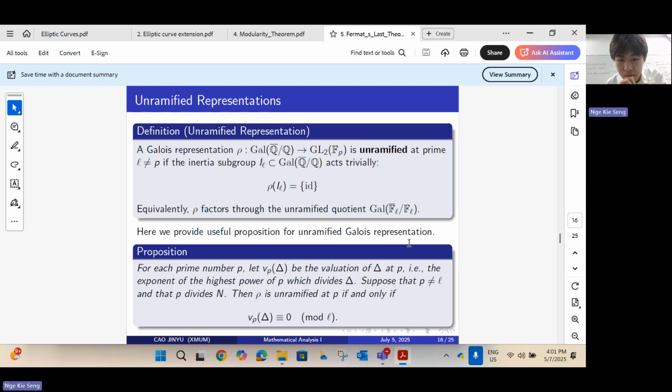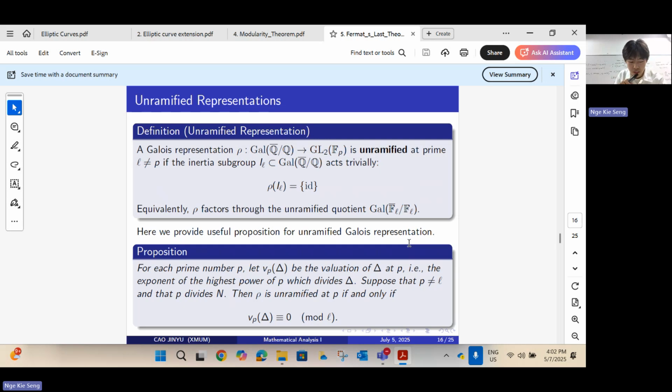What? Inertial subgroup. The inertia subgroup is a normal subgroup of the decomposition group. Because it will go further into group theory, I skip that.